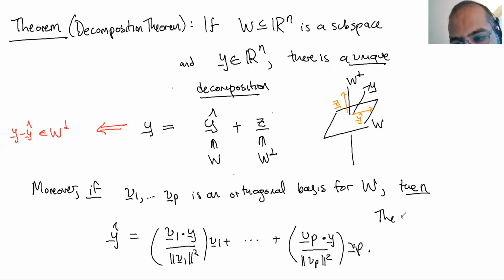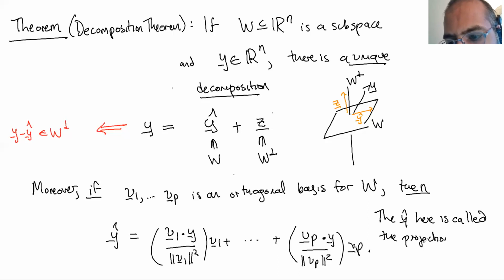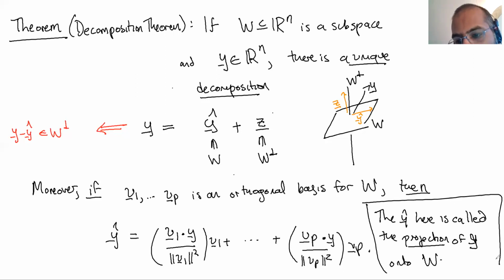So the y hat here is called the projection of y onto the subspace W, and it's often denoted proj sub W of y.